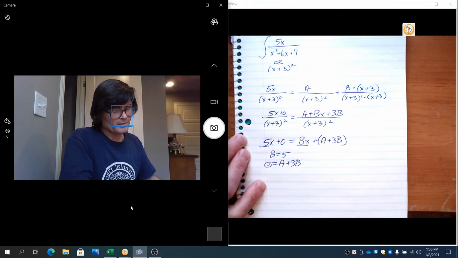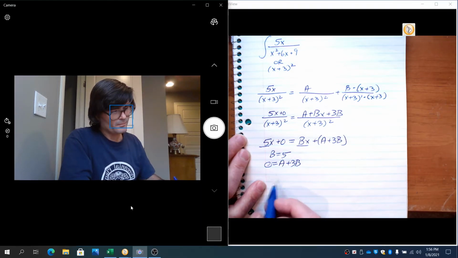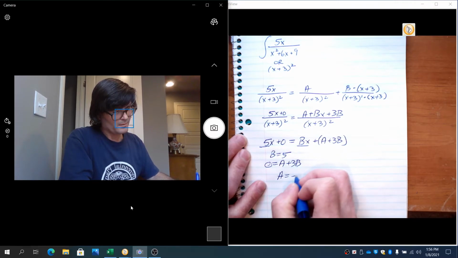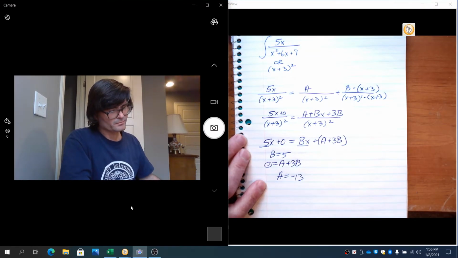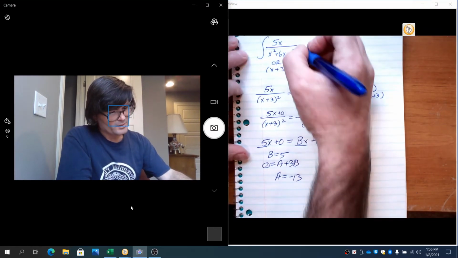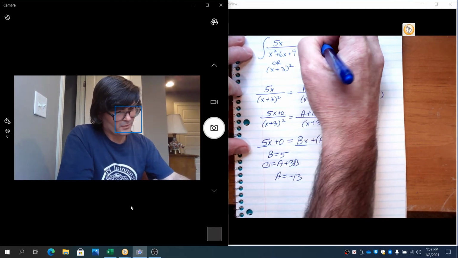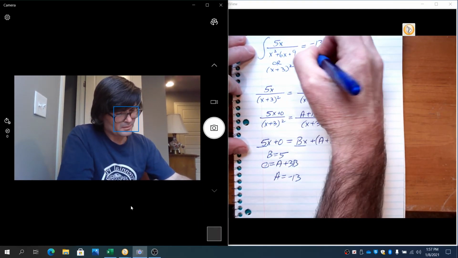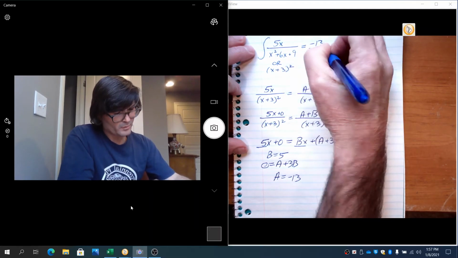And you're going to have B as 5, so that's 15, and then A is going to be negative 15. So we're going to have currently negative 15 over (x plus 3) squared.